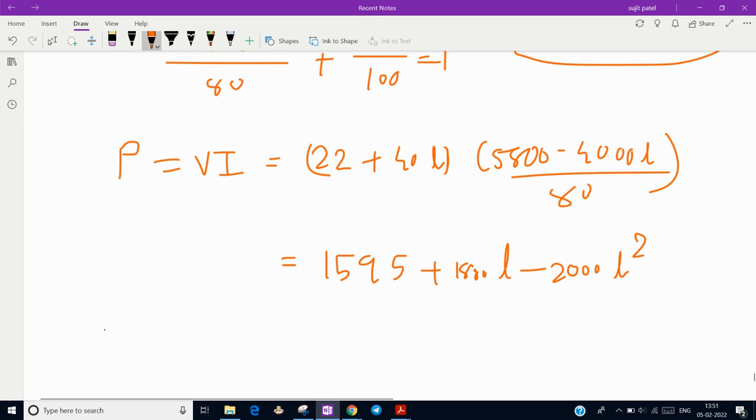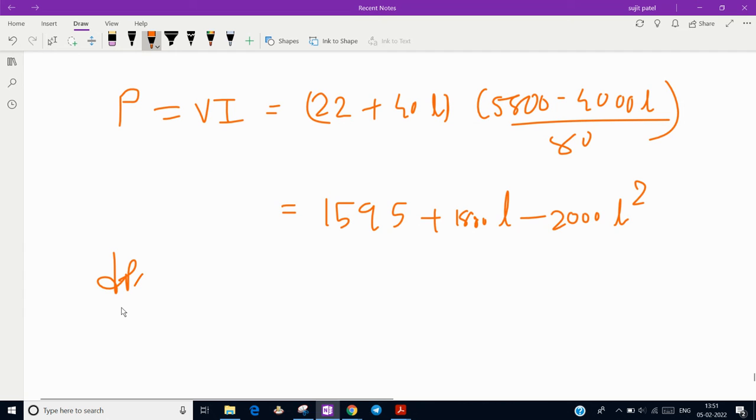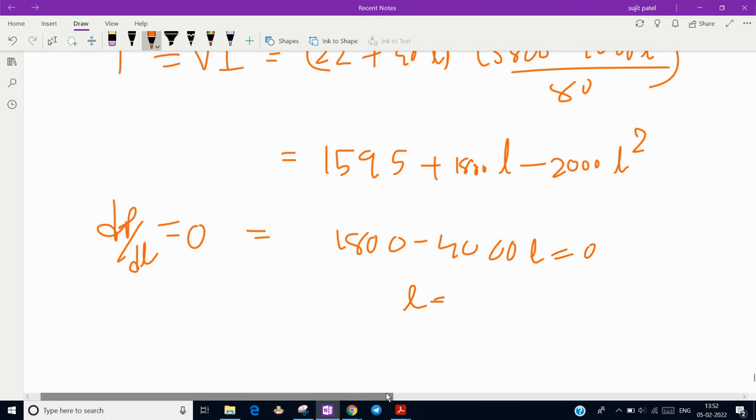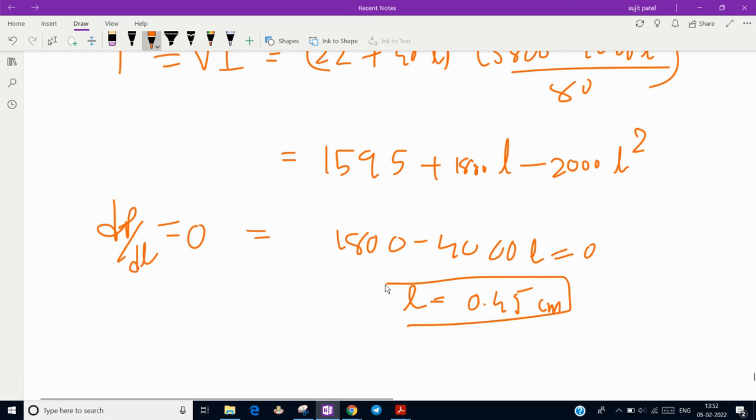Now for maximum power, dP by dL should be 0. Differentiating, 1800 minus 4000 L is equal to 0. So for L you will get 0.45 centimeter, or you can say 4.5 mm.